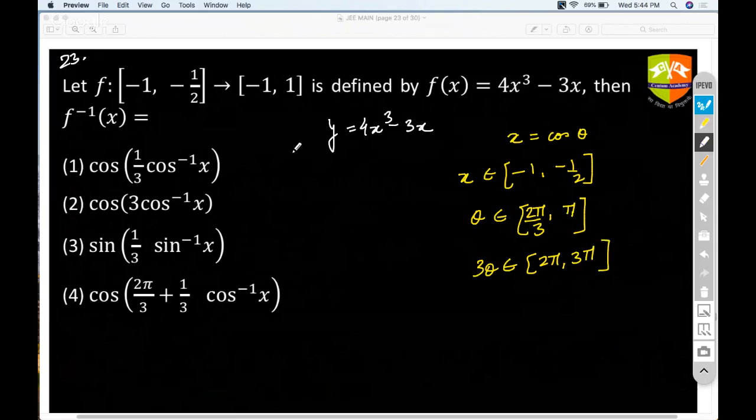So when I make this substitution, I get 4 cos cube theta minus 3 cos theta, which clearly is the formula for cos of 3 theta. Correct?